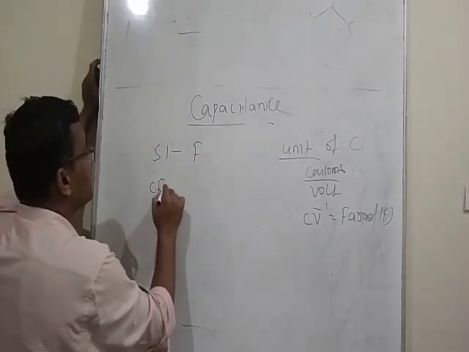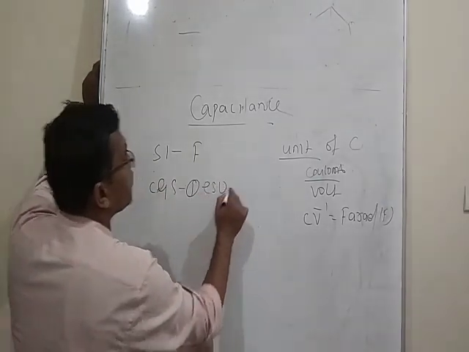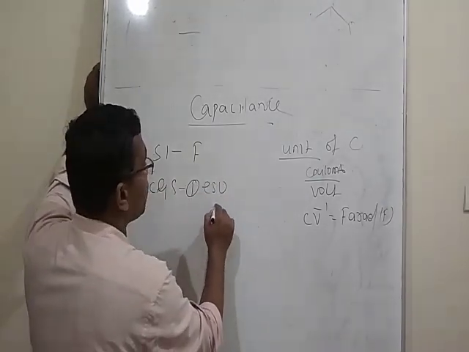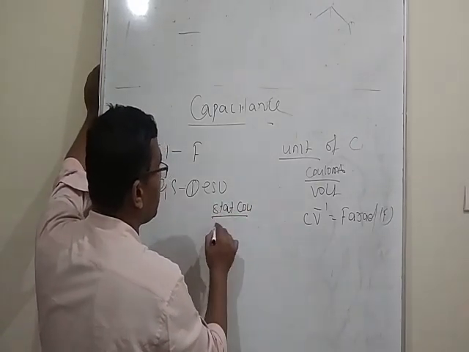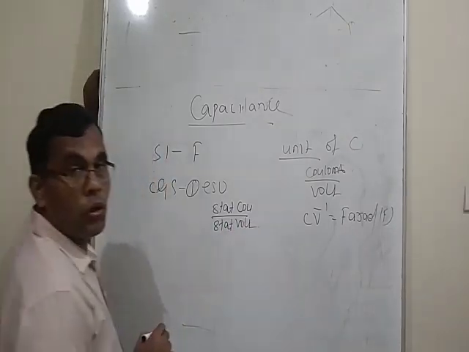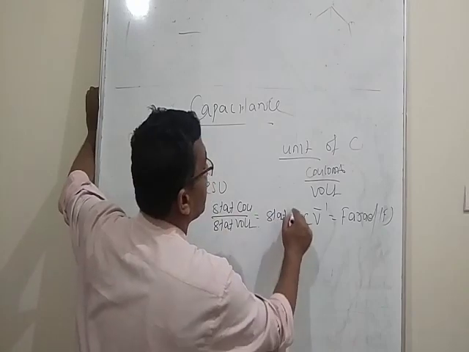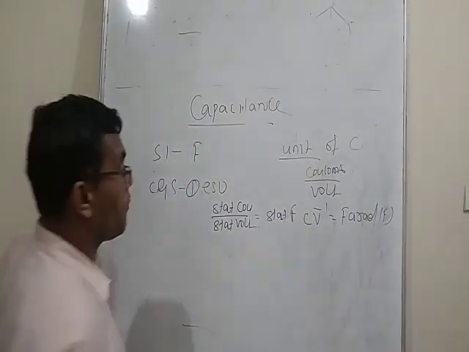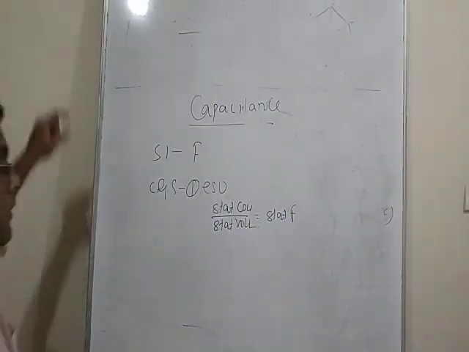And the CGS units: in the ESU system, the unit is statcoulomb divided by statvolt, and statcoulomb per statvolt is equal to statfarad.